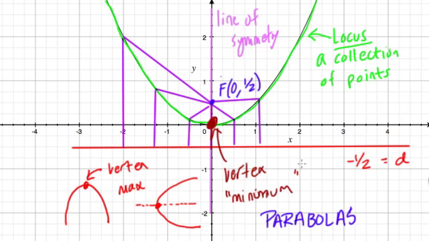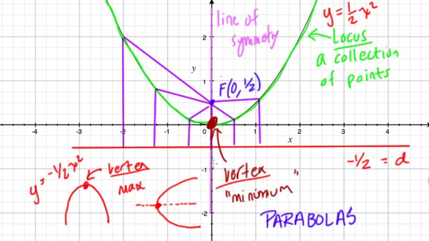In this case, this parabola happens to be y equals 1/2 x squared. Since the 1/2 is positive, it's a positive coefficient, you will get a minimum vertex. If the vertex is a maximum, it could have been something like y equals negative 1/2 x squared. We'll talk later about these sideways parabolas as well, but that's a different case altogether.